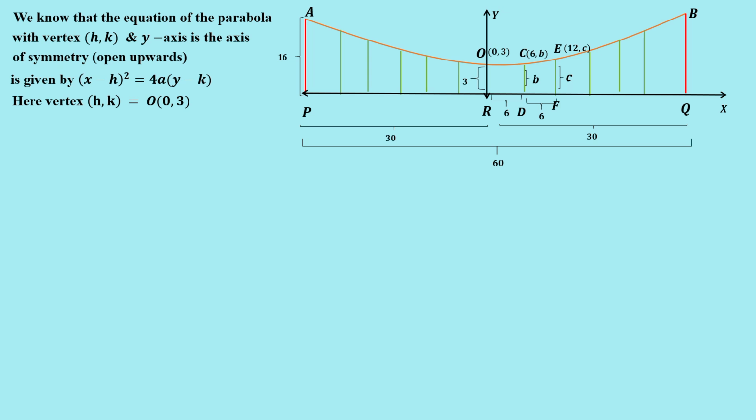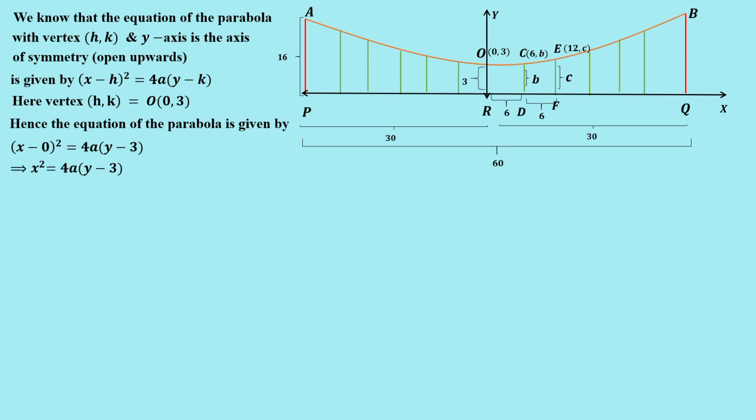Origin is R, 0 comma 0, but the vertex is O, 0 comma 3. That is why we are using h comma k in that formula. (h, k) is equal to O, 0 comma 3. Hence the equation of the parabola is given by (x minus 0) the whole square is equal to 4a into (y minus 3). x square is equal to 4a into (y minus 3). That is equation number 3.